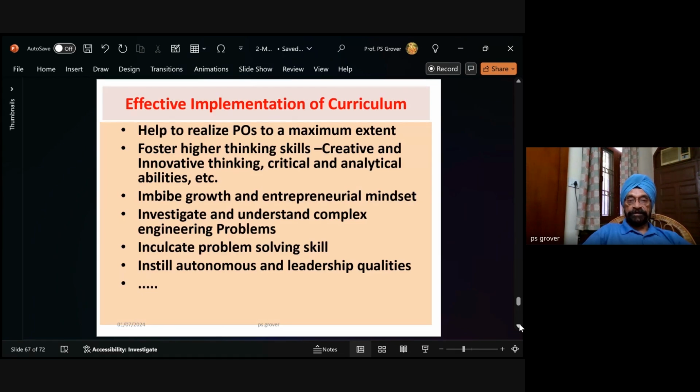Effective implementation of curriculum means helping to realize POs to a maximum extent. So our curriculum was designed keeping in view the program outcomes. So effective implementation means if that was downward, now it's upward. This curriculum will help us to realize program outcomes, and it will help us to foster higher thinking skills, creative and innovative thinking, a growth and entrepreneurial mindset, investigating complex problems, and so on.